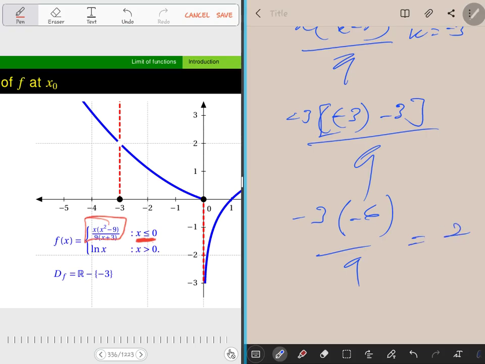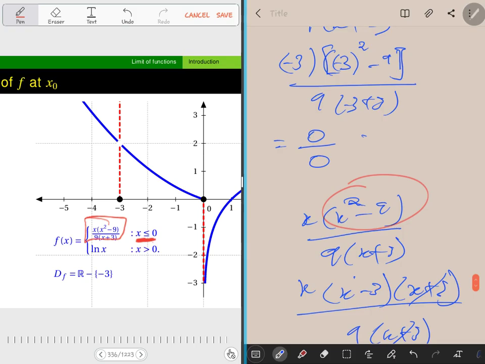So this is the actual limit, the limit we get on this side.